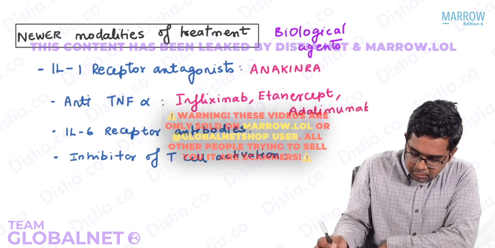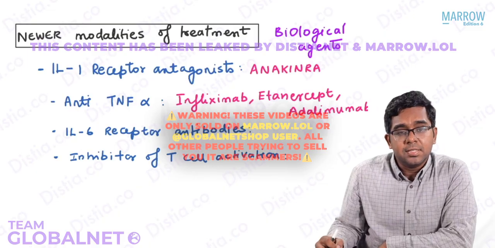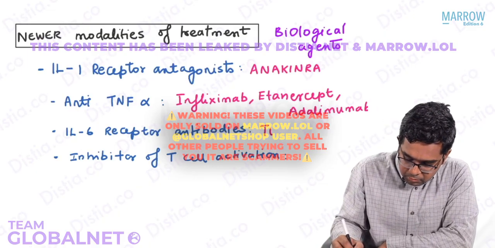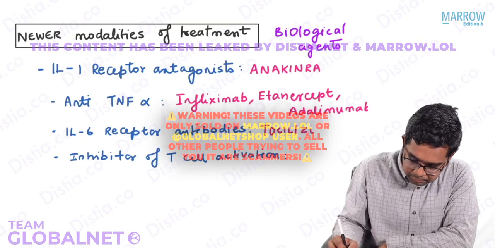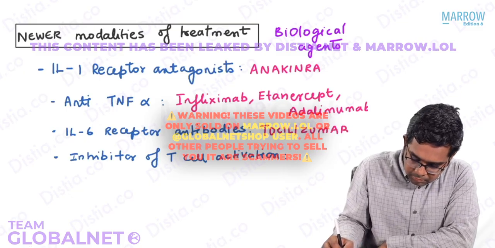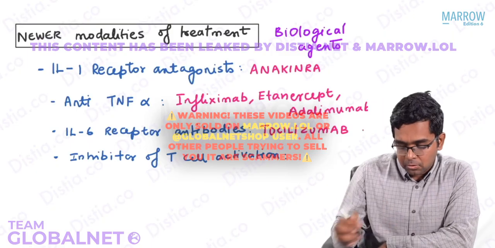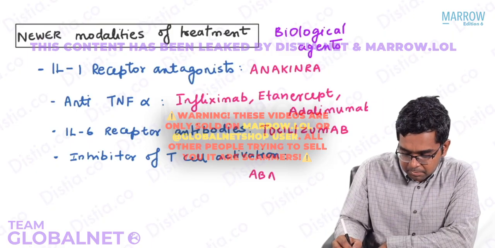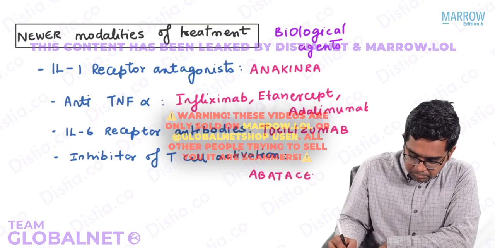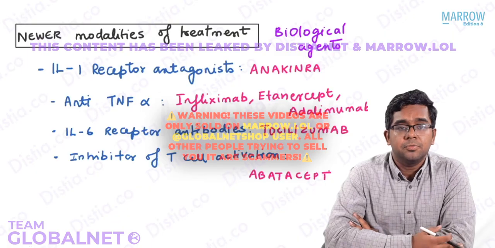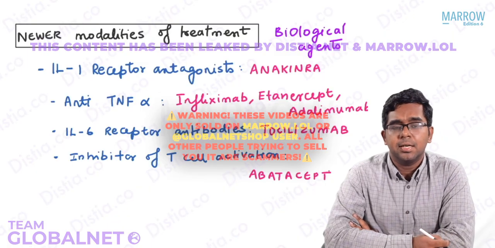One more is the interleukin 6 receptor antibody, which is called tocilizumab. And the last one is an inhibitor of T cell activation, which is called abatacept. So these are the important new group of agents proposed for the management of juvenile idiopathic arthritis.